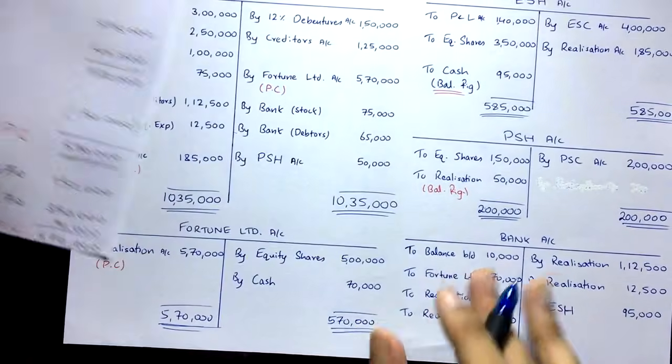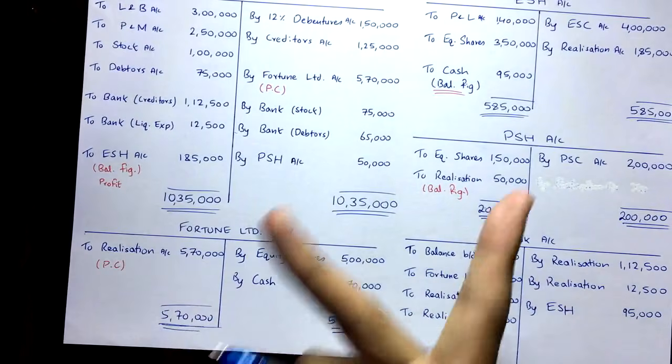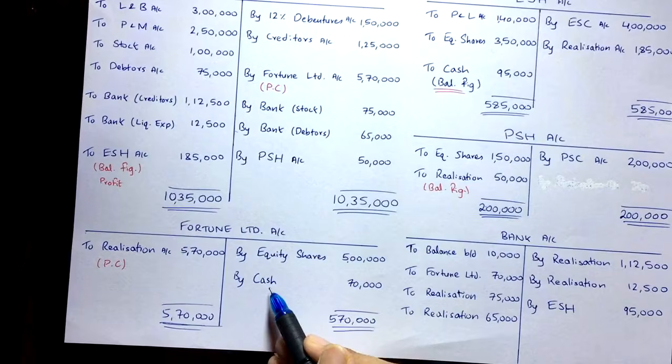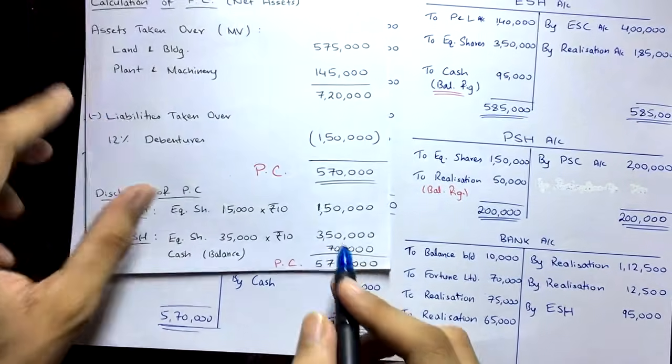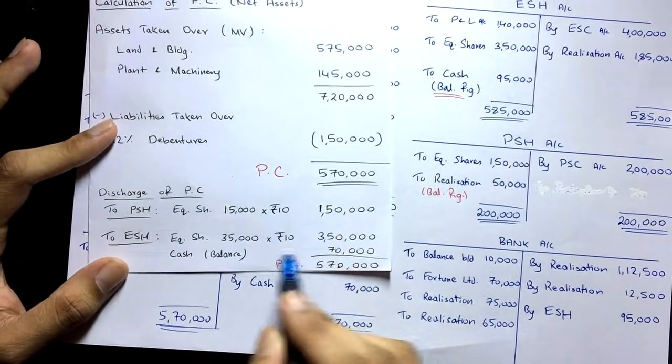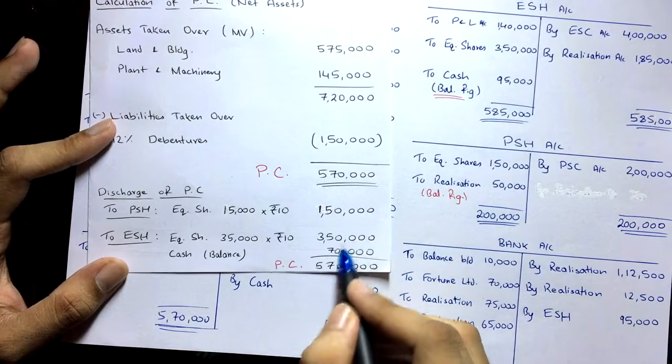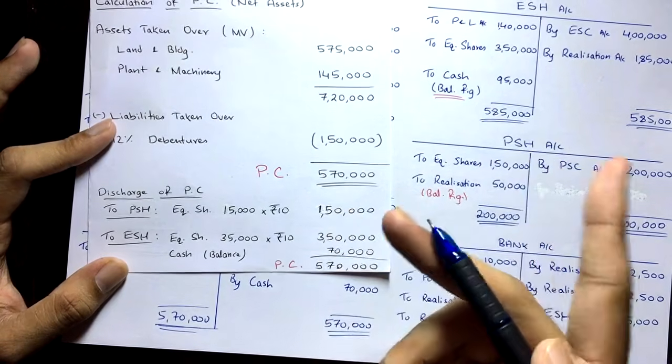So your purchase consideration is in 2 forms, equity shares, cash. Equity shares किनको दिया है, preference shareholders को भी और equity shareholders को भी. So simple है, 1,50,000 equity shares, 3,50,000 also equity shares. 2 equity shares are there, so add them up.